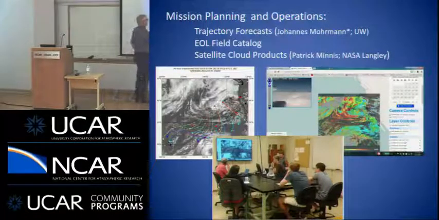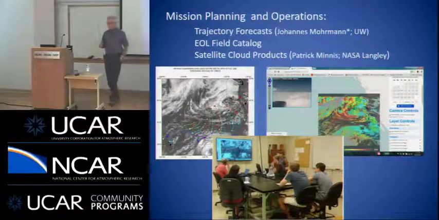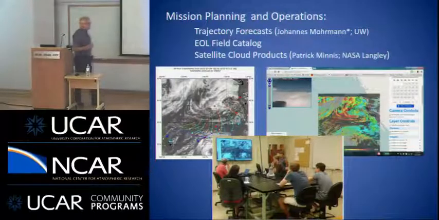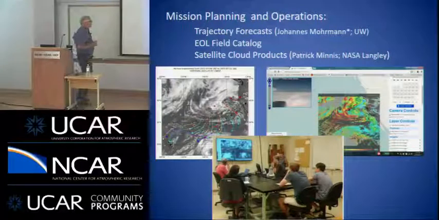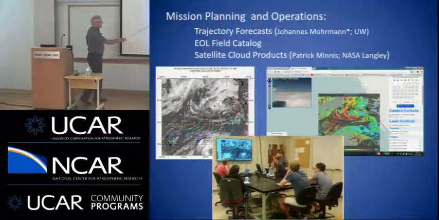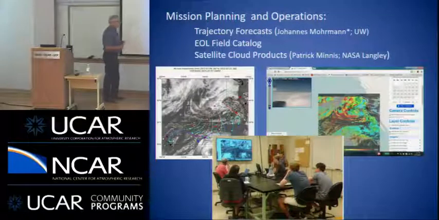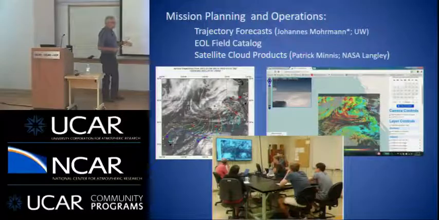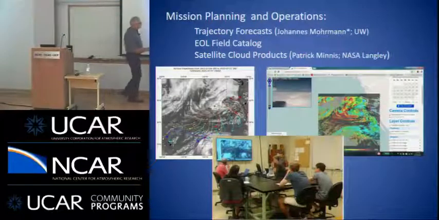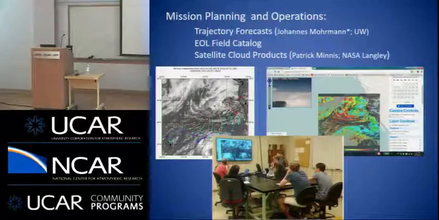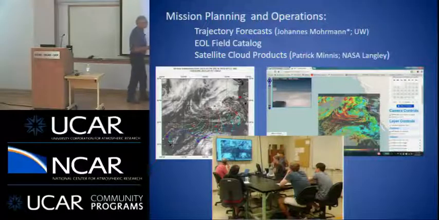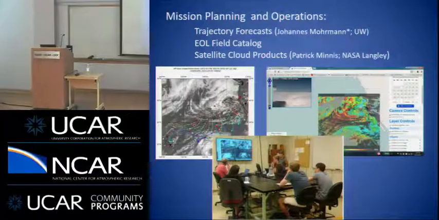I also want to point out the field catalog was a very important tool for us to use in both the forecasting that we were doing here, or our planning of flights. It was also a very important tool during the operations. So this is just a screenshot of what the field catalog looks like. And the nice thing that you can do is you can overlay the satellite images with where the aircraft is.